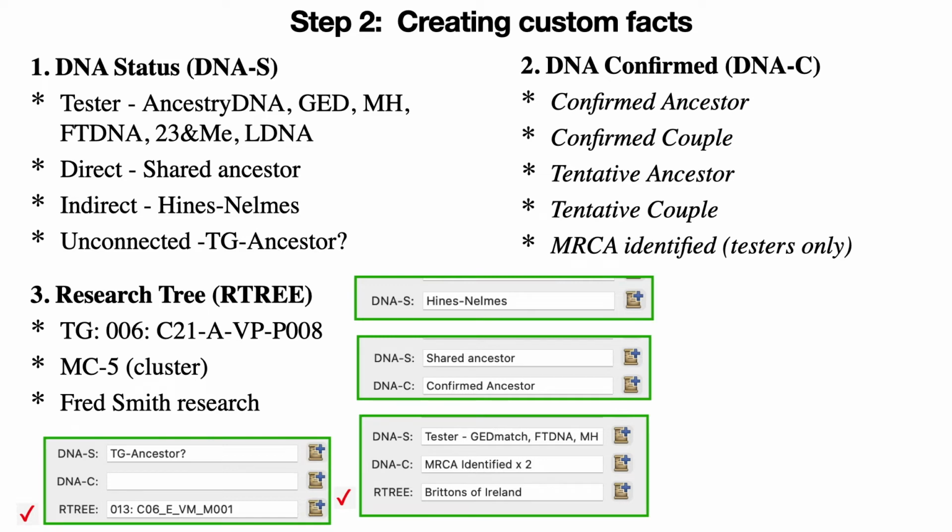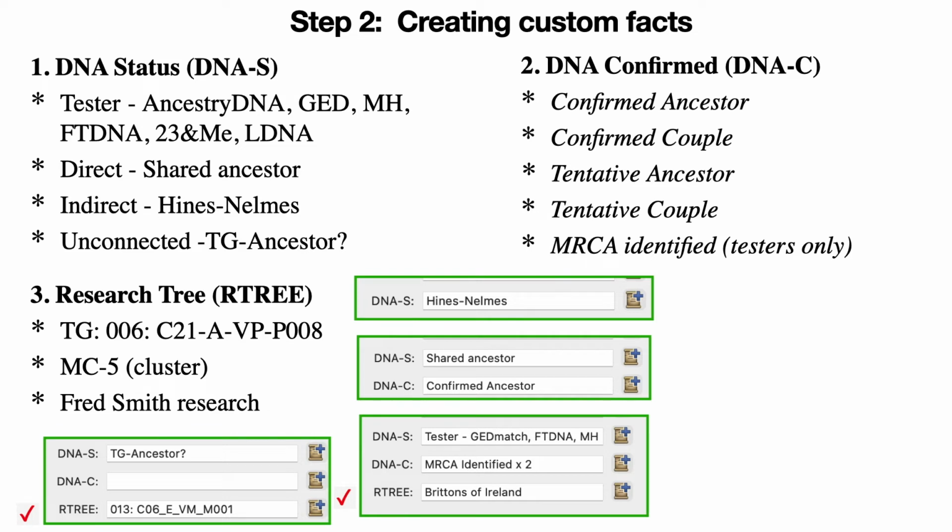And this really is just to give me some reminders about why particular people are in my tree. And I tend to use it for cluster analysis and also for triangulated groups. And you can see there my complicated naming convention for triangulated groups. And for clusters, I tend to notate them maternal cluster 1 or paternal cluster 1.